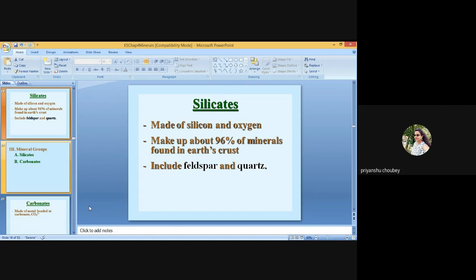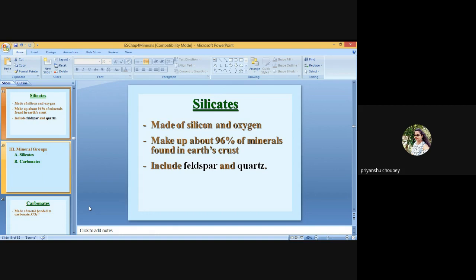Amphiboles, double chain. In these minerals alternately two corners and three corners of silicon tetrahedra are shared by adjacent tetrahedra. So the number of silicon-oxygen-silicon linkages is 5 per 2 silicons, with formula Si4O11 with charge 6 minus.